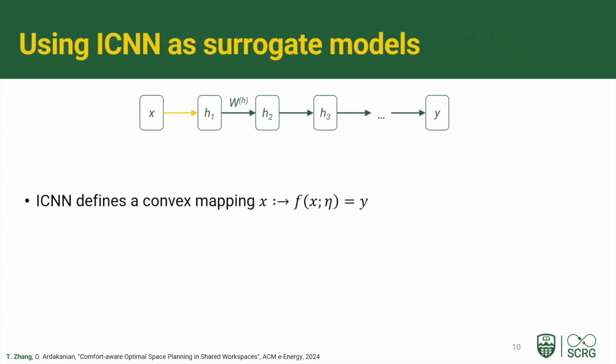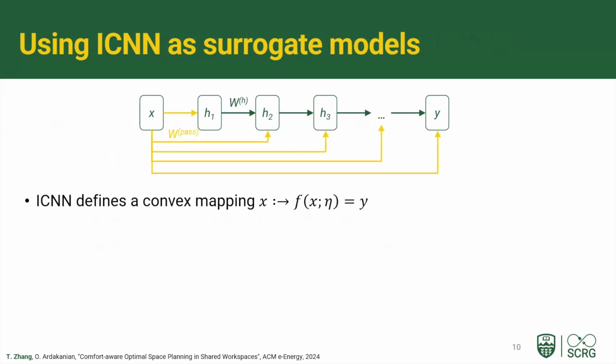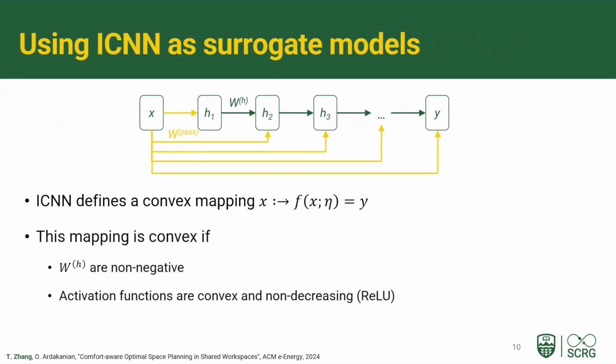Here is an explanation of how the input convex neural networks work. Basically, it has a similar structure to feed-forward neural networks. It has multiple hidden layers, and it maps from the input to the output. Additionally, we have pass-through layers that link the input layer to each of those hidden layers. In order to make sure that our output is convex, we have to make sure that all of the weights that we learn are non-negative, and that the activation functions we use are convex and non-decreasing.